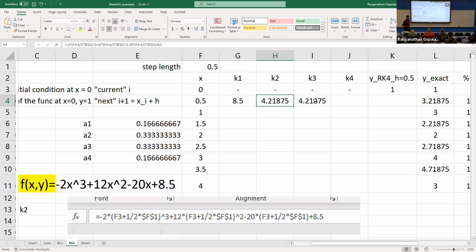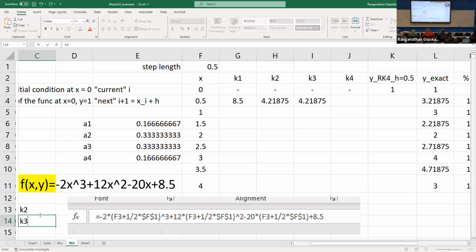For those who are not able to keep up, this is getting recorded, so when you watch the video again, the screen share will show this step by step. I suggest that you do it at home. If you don't practice this, you can't do this on paper in the exam. I can't emphasize it enough, it's very important. So this is K2, also K3 in this case.